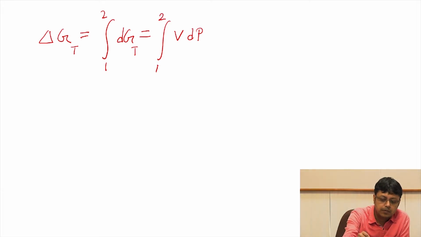So we'll have the integral of volume from 1 to 2, and again if we are considering a molar volume, we can use either the sign M or we can use G bar, whichever is fine.